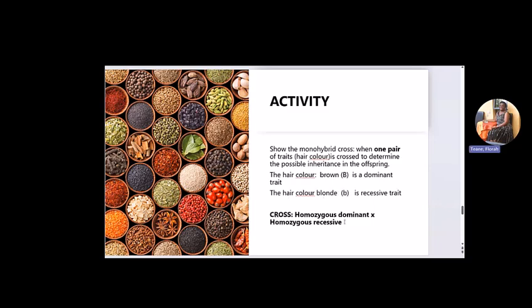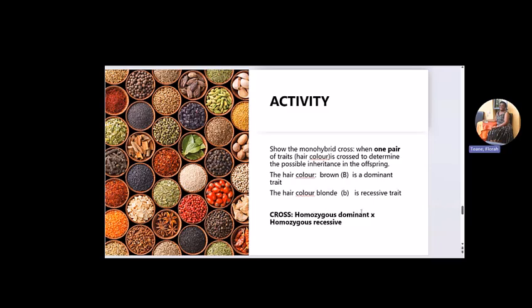But here is a very important instruction. What do you need to do? You are going to cross homozygous dominant by homozygous recessive. Please think back what I said about the word homo. It means the same.